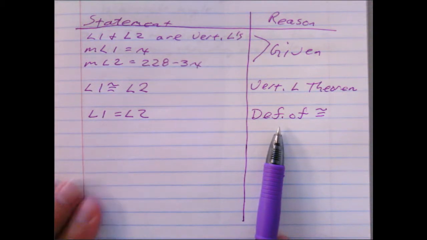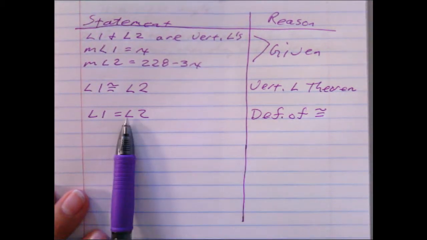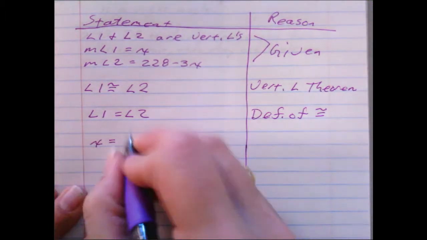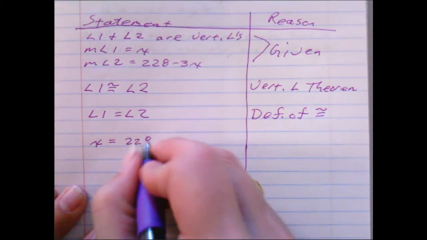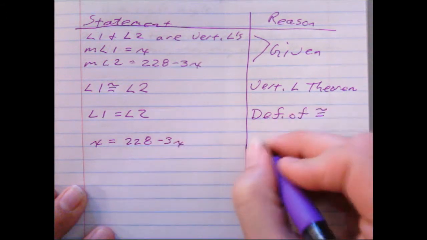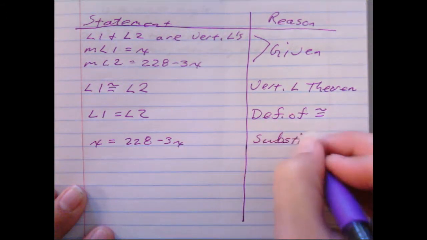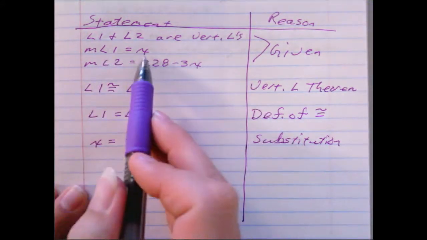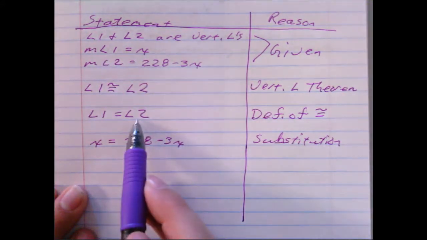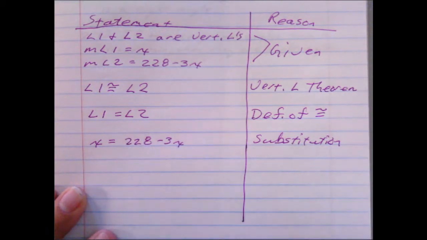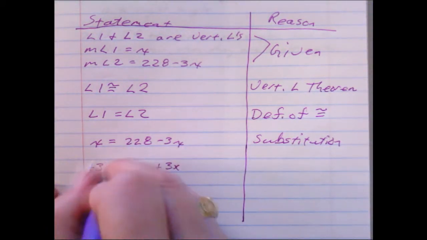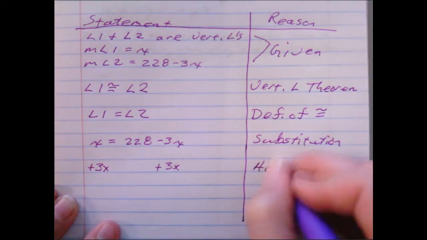Okay, so then the next thing that we're going to do is actually substitute. We know angle 2 and angle 1. So x equals 228 minus 3x, and that was substitution. We just took these two pieces up here and plugged them in to our equation. So now we're going to solve for x. So we're going to add 3x to both sides. So that's addition.